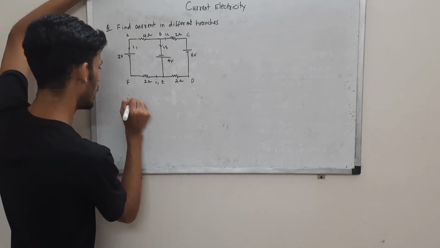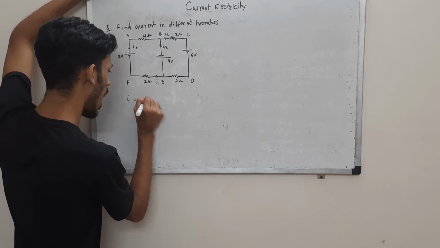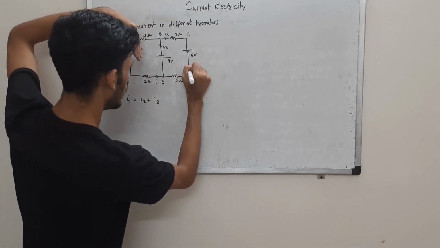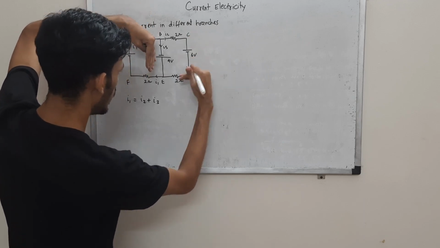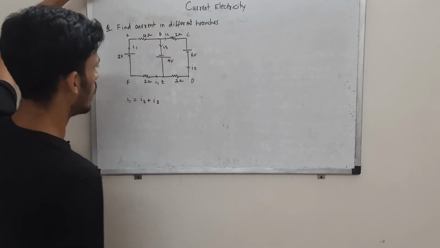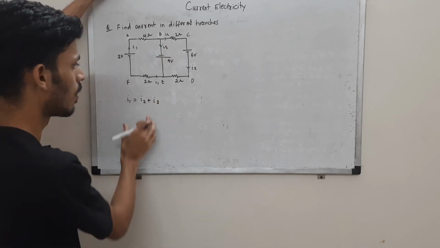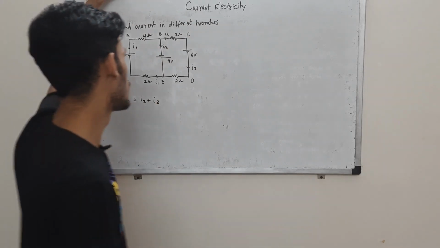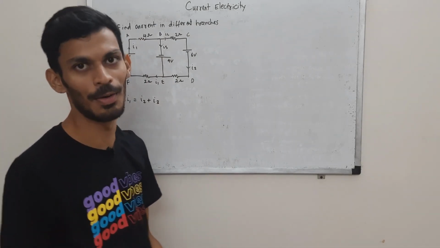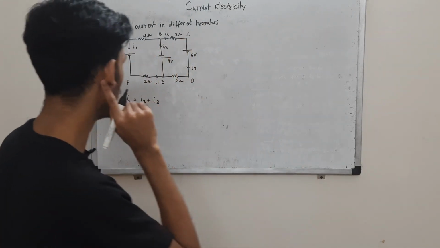So here I can write the equation I1 is equal to I2 plus I3, right? Or from here also you can see I2 plus I3 is I1. So this is from KCL. Here you are supposed to form this type of equations, solve them and obtain the different currents.